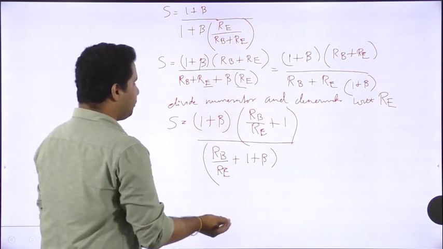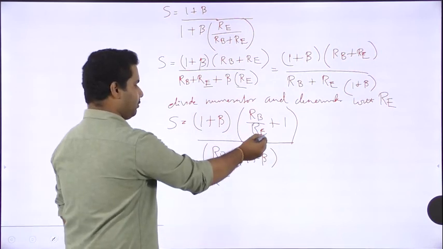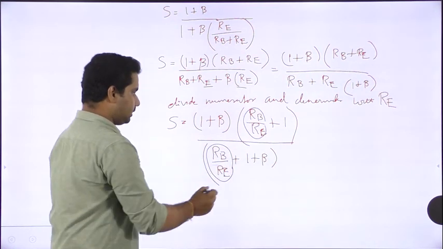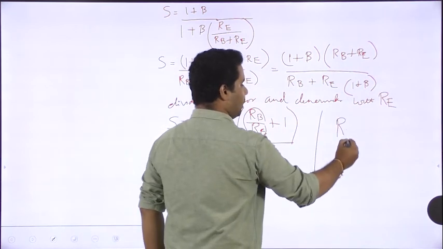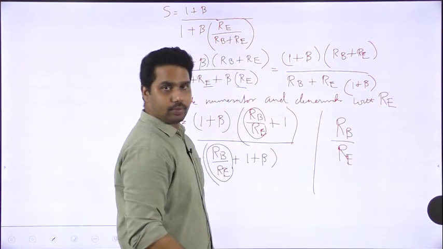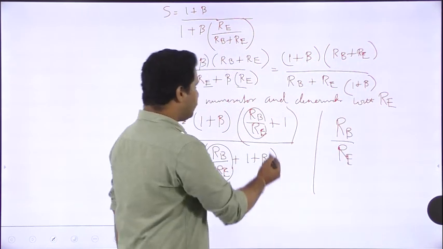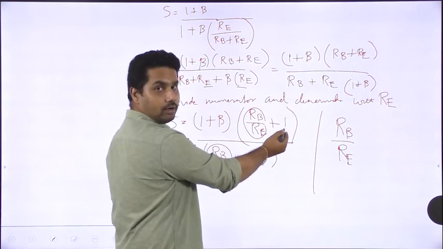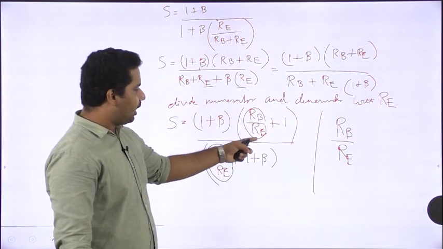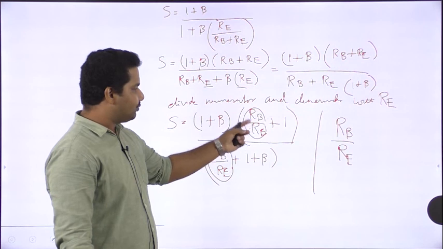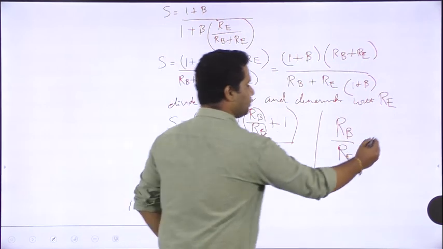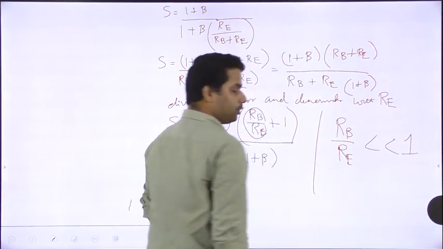So here RB by RE is there, here also RB by RE is there. If this RB by RE factor, that resistance ratio, is very, very small when comparing to 1, we can neglect that part. I'll repeat. In this condition, if this RB by RE ratio is very, very small when comparing to 1, we can neglect that.